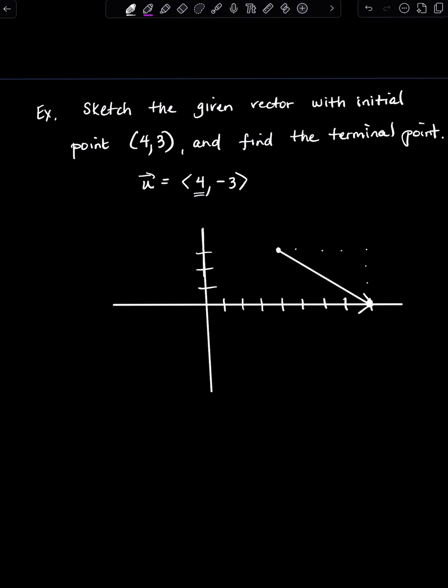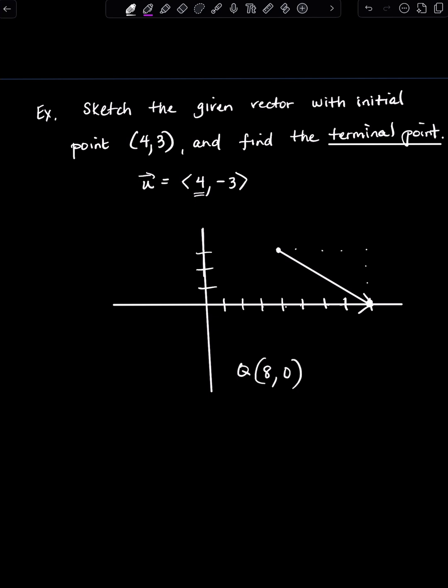So this gave me my horizontal component and my vertical component, and it gave me the initial point. It says to find the terminal point, which, just by sketching it and looking at the graph, is at 8, 0. So Q is at 8, 0.